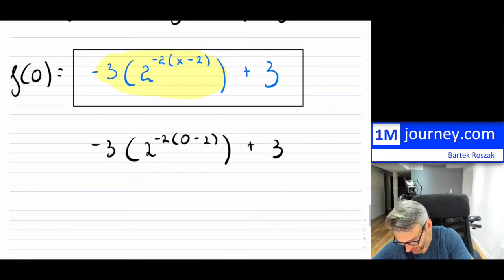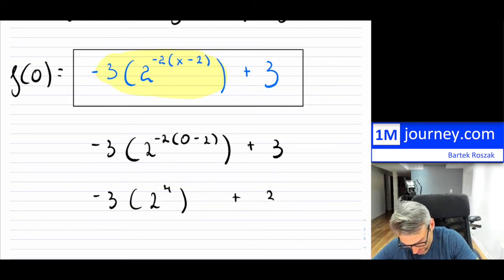We can compute this: negative 3 times 2 to the 4 plus 3. So negative 3, 2 to the 4 is 16, plus 3.